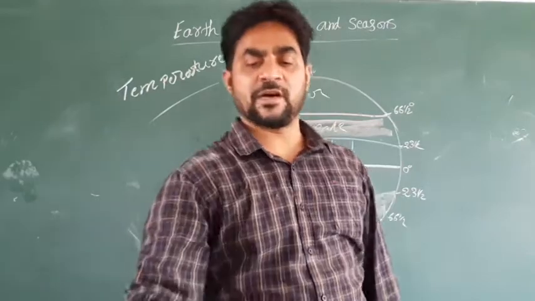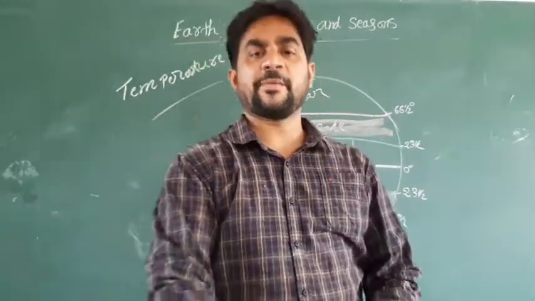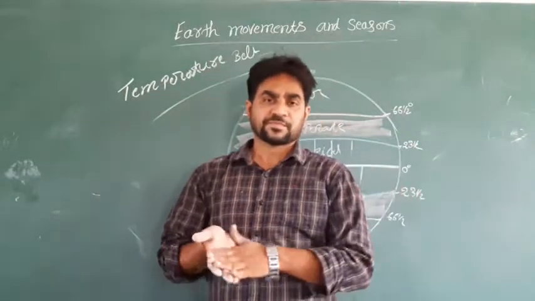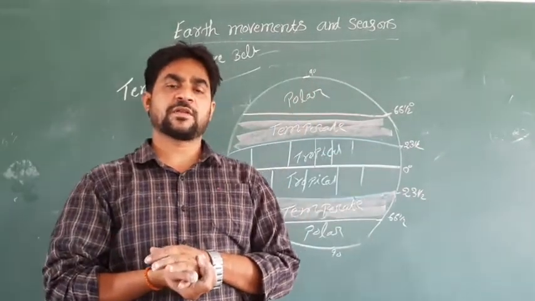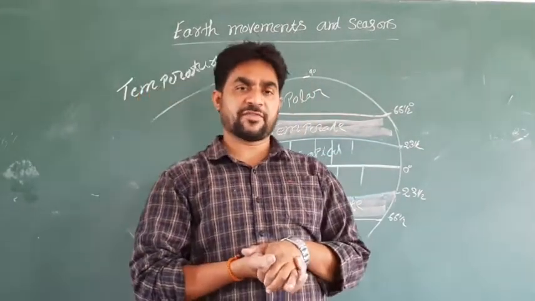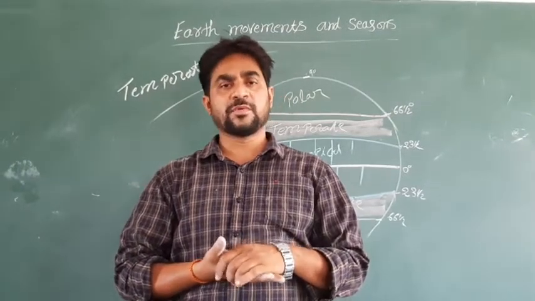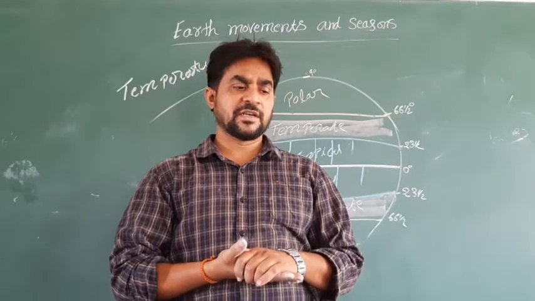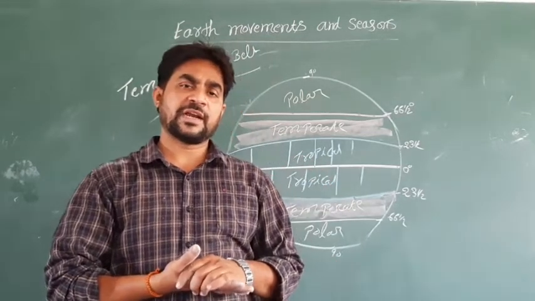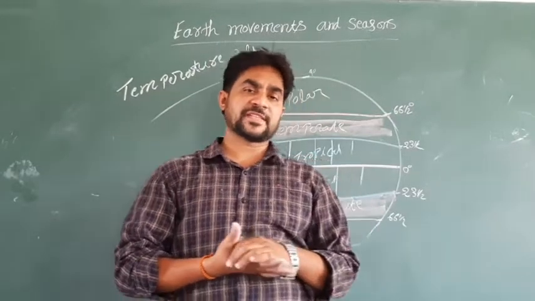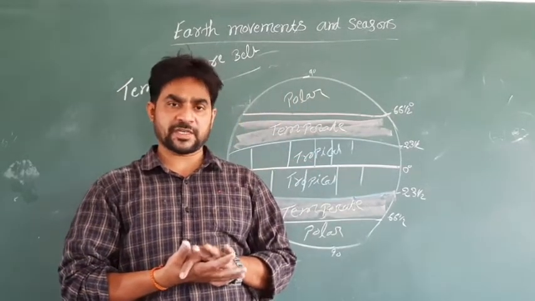Before concluding this lesson, I am going to give the complete explanation one more time. First we learned about the different types of problems found in the regions of the globe based upon the seasons. I explained about the photo which is given in your textbook, the differences between one picture and the other.